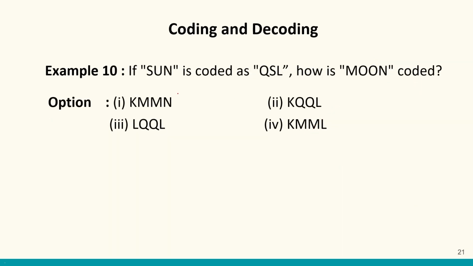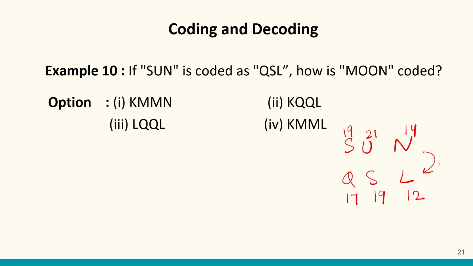Then sun is coded as QSL, and we have to find the code for moon. So sun, QSL. So S code is 19, U code is 21, N code is how much? N code is 14, L code is 12, S code is 19, and Q's code is 17.